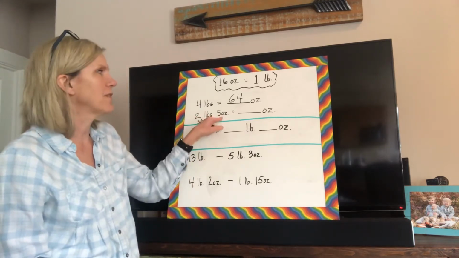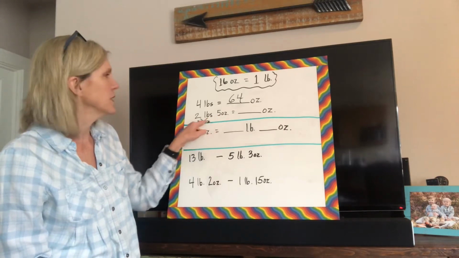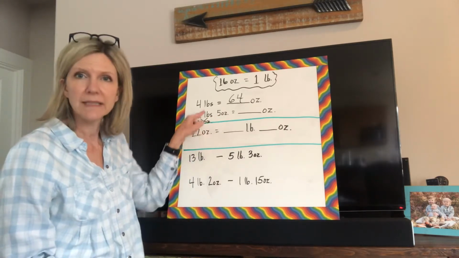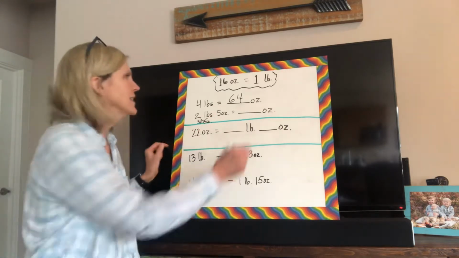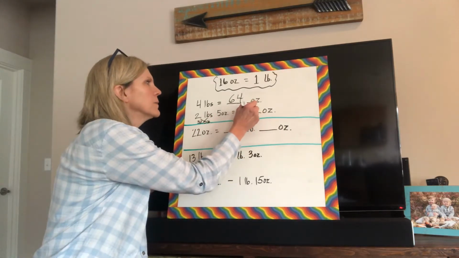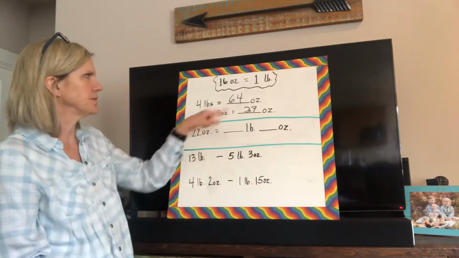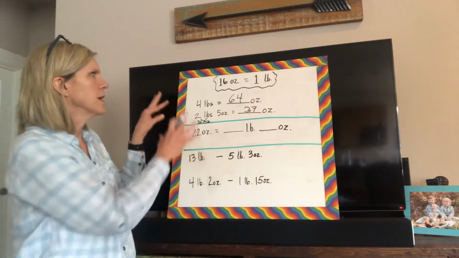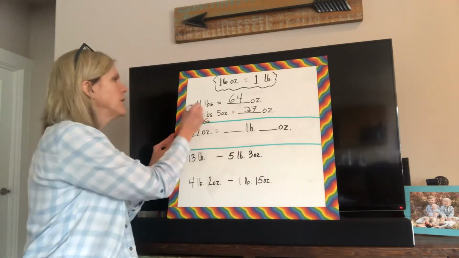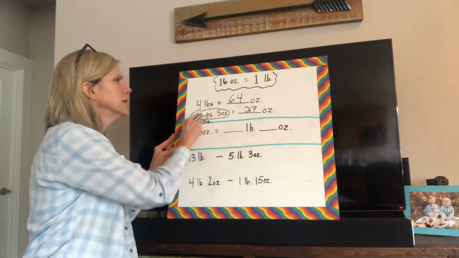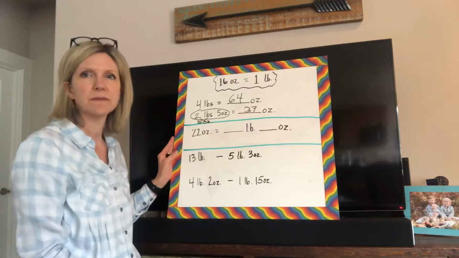But we're going to add 5 more ounces to that. So 32 plus 5, right? 2 plus 5 is 7. So 37 ounces, okay? So we just converted pounds and ounces together into ounces.